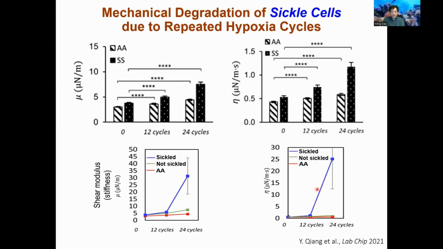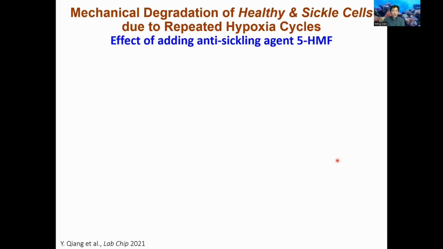Similar trends happen to the degradation for the cell viscosity. The cell viscosity increases much faster if you count the cells that actually sickled versus those that are not sickled. So what happens if we add anti-sickling agent 5-HMF?